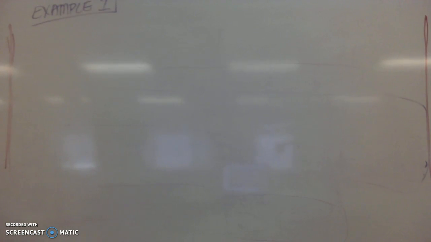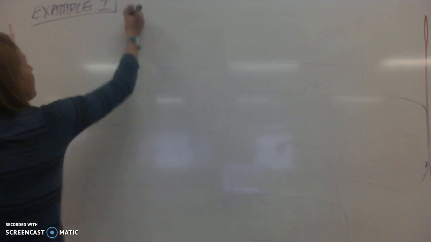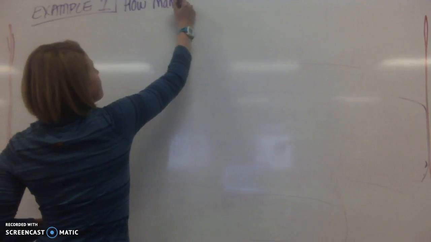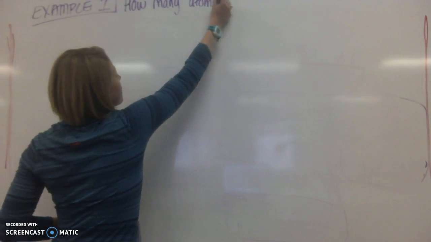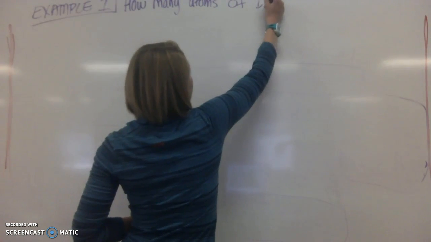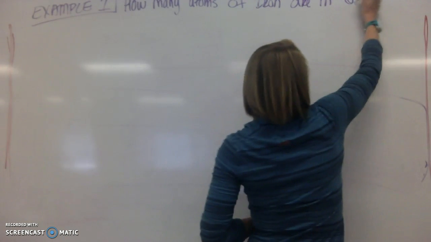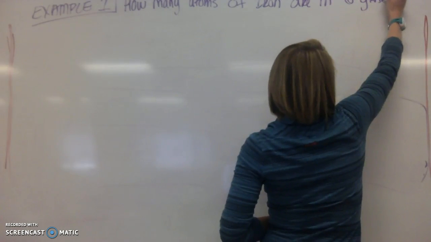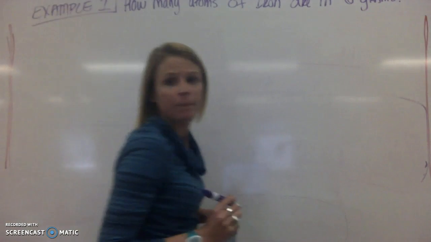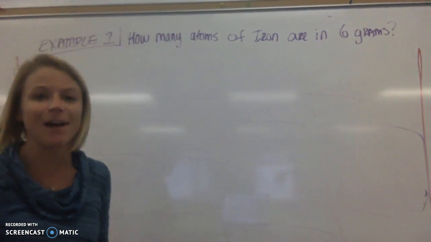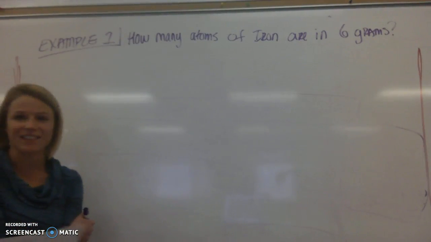So we're going to see how many atoms of iron that actually is. So the problem would be, how many atoms of iron are in 6 grams? Oh, you can't see that. Yeah, there you go. How many atoms of iron are in 6 grams?